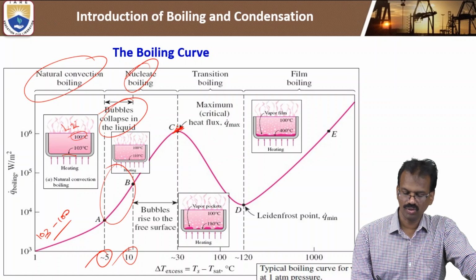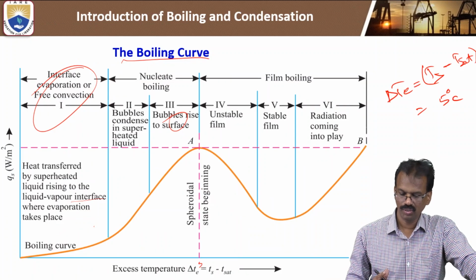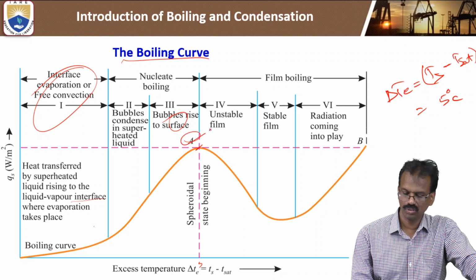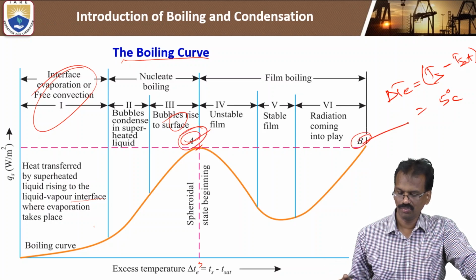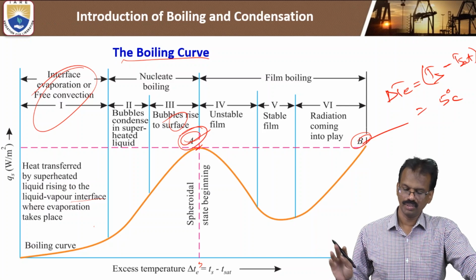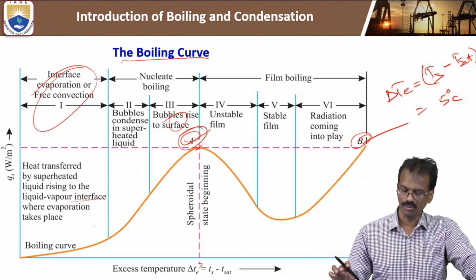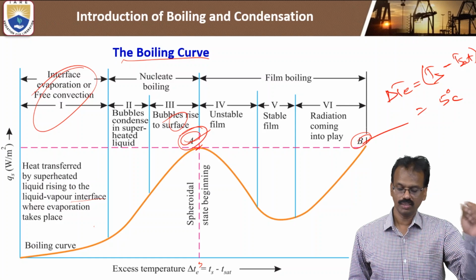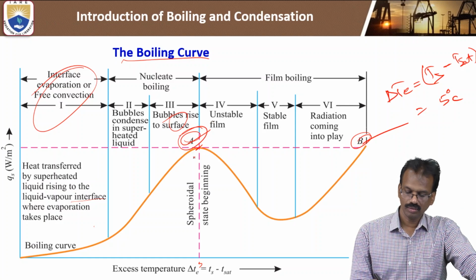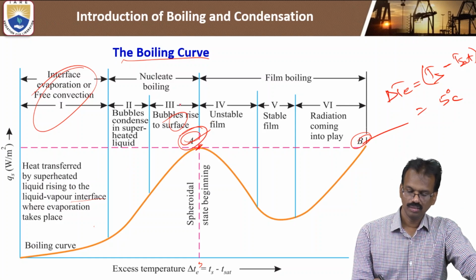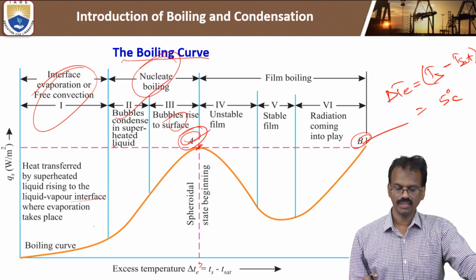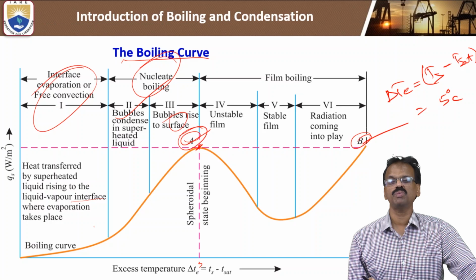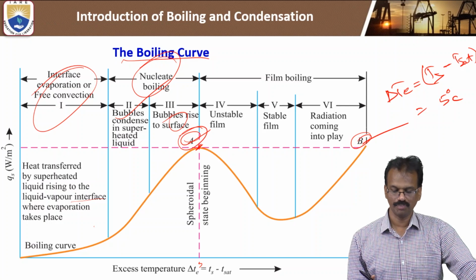Up to point C, from point A, here we consider only two points. The critical heat flux point is where the maximum heat transfer rate is reached rapidly from point B. Up to point C, in nucleate boiling, we see two phases. First, bubbles are formed but condensed due to less temperature.